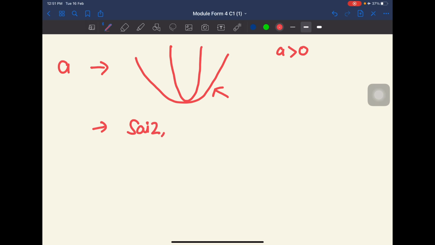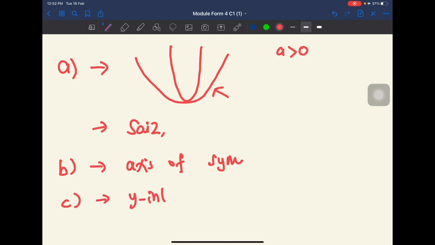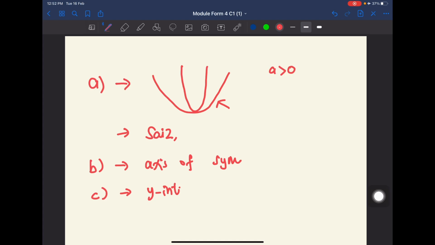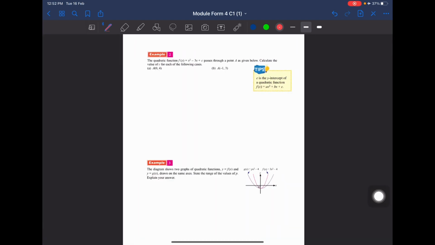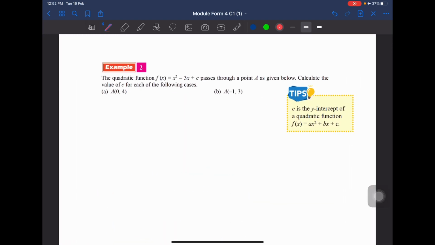B is axis of symmetry. Then C pula kita nak tengok y-intercept kita. Jadi ingat, A mempengaruhi size, shape, B mempengaruhi the location of axis of symmetry, and C pula y-intercept.